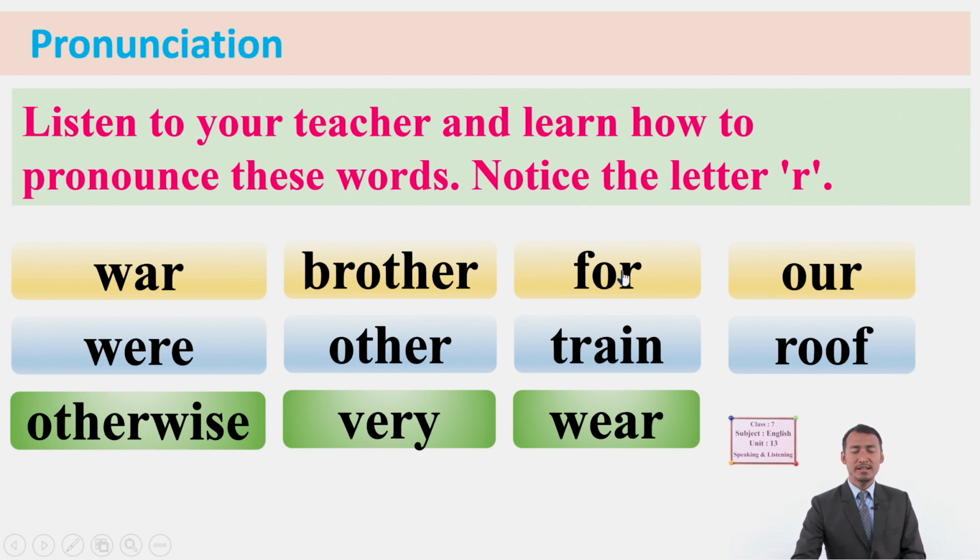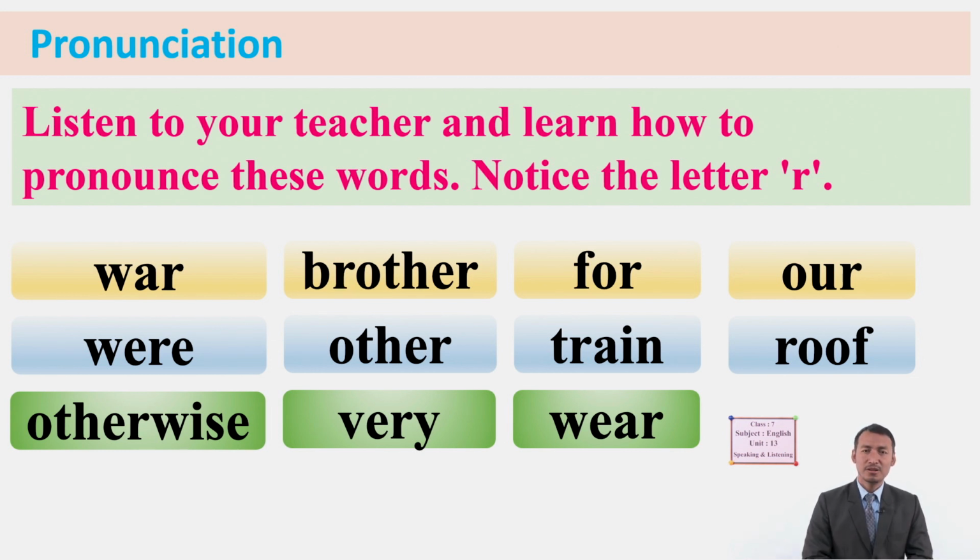So we have a silent pronunciation of the letter R here. And we also pronounce the R clearly in the words very, otherwise, where, and brother, after B we have the letter R that is pronounced clearly.